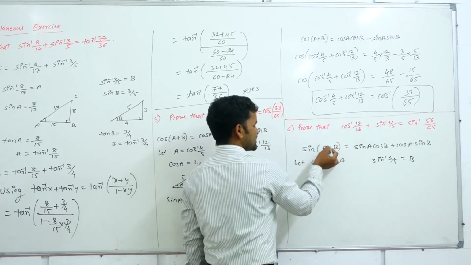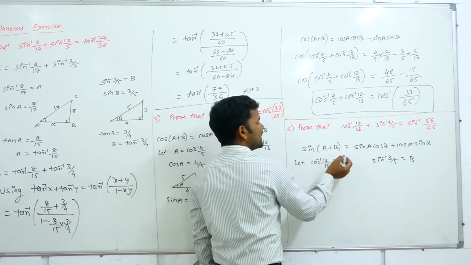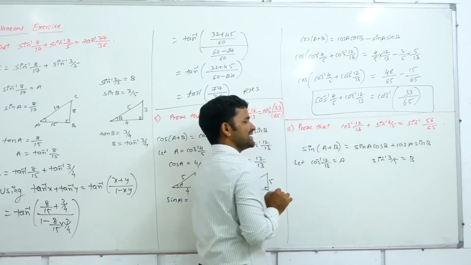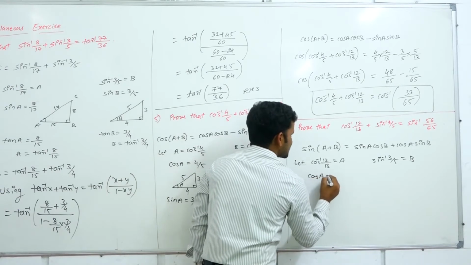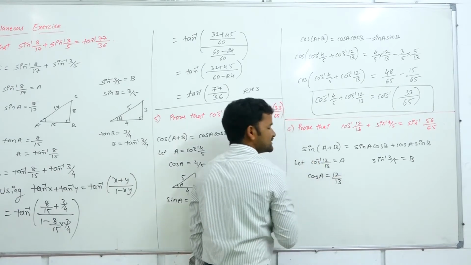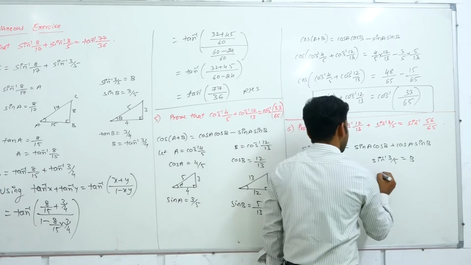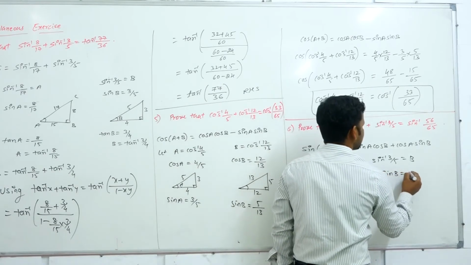A is this first term, and B is this second term. We have cos A is equal to 12 by 13, and here sine B is equal to 3 by 5.